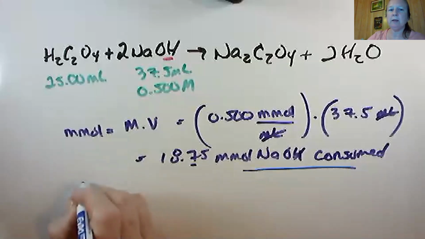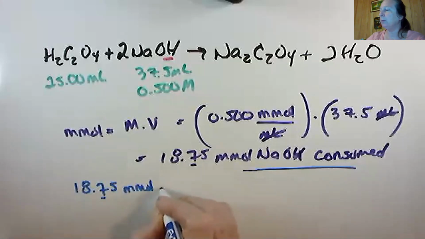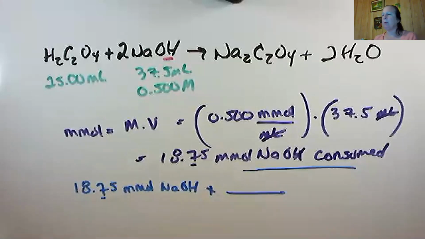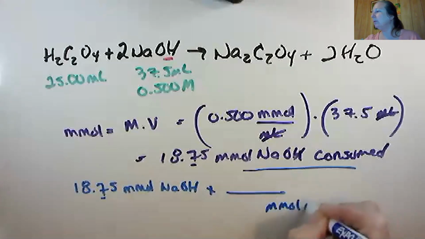So let's find the acid now, and that's through the stoichiometry. This goes right back to all of the equations we've been doing. If I used 18.75 millimoles of this reactant, how much of that reactant did I consume? Just like your limiting reagent. Instead of putting moles on the bottom, we're putting millimoles.